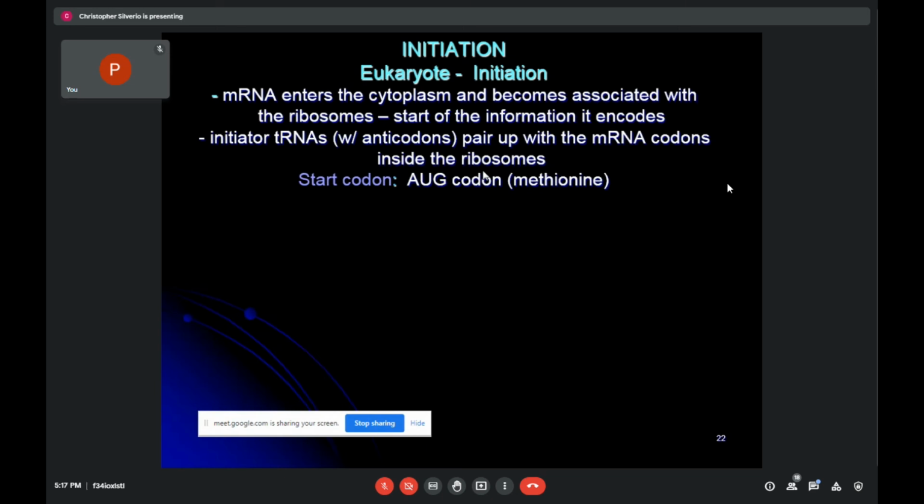Did you understand, class? UAC. That is the anticodon. Of course, it is complementary base pairing. The anticodon is the complement of the codon.